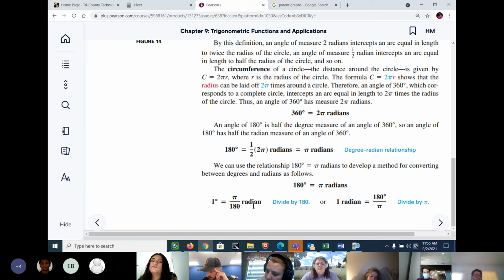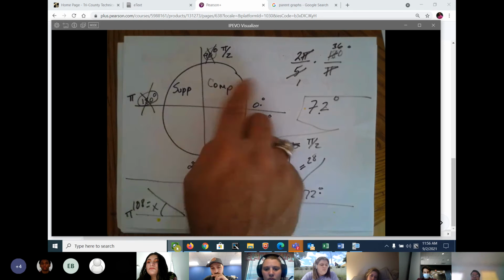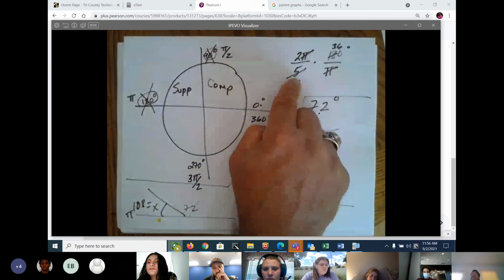Did y'all see on this problem a while ago? This homework problem. I looked at it from a student's perspective. This problem right here. Do y'all remember this problem? I said it was 2 pi over 5.